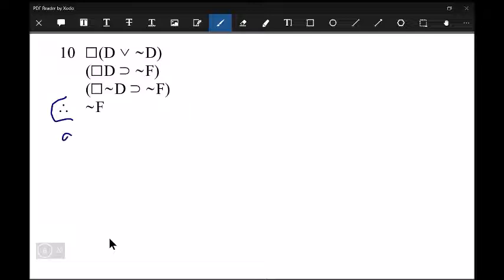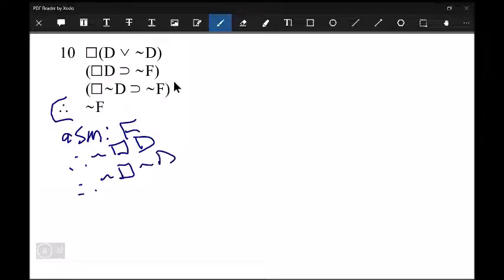So assume the opposite, F, then we can deny the second part, deny the first part. So you get not necessary D, and you get not necessary not D, denying the second part here.